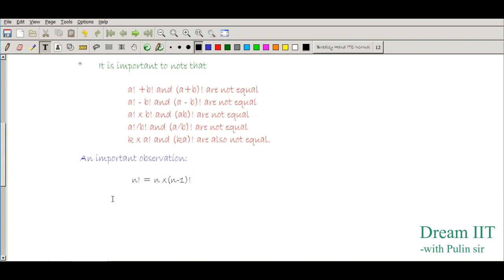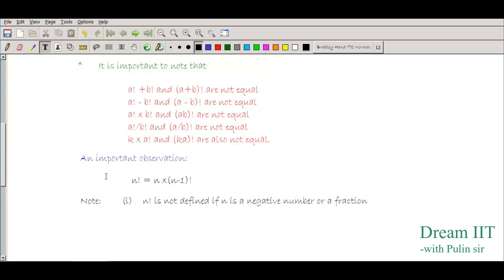This is one. And next, there are a few notes which we have to accept. Note number one: n factorial is not defined if n is a negative number or a fraction.